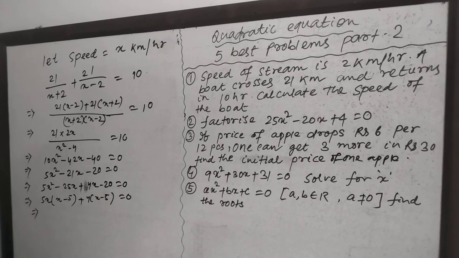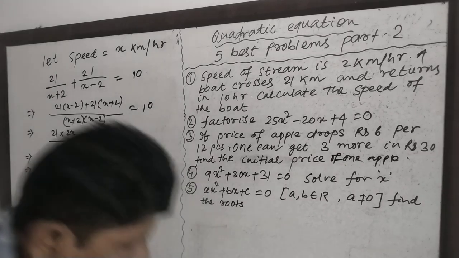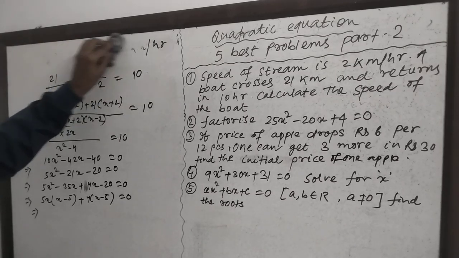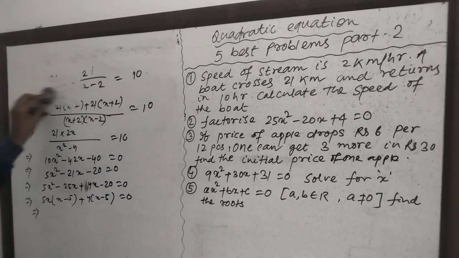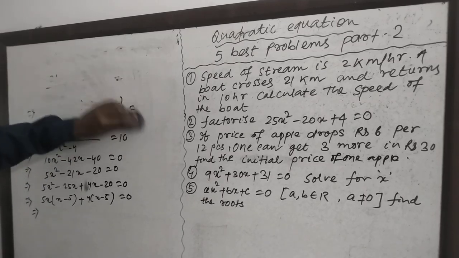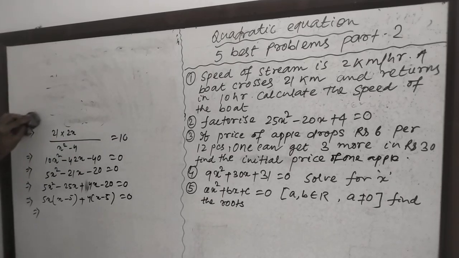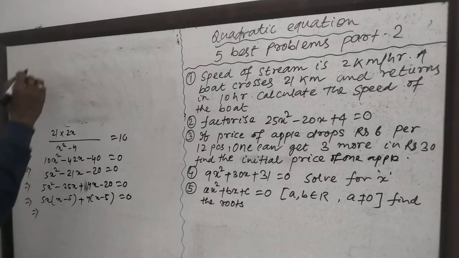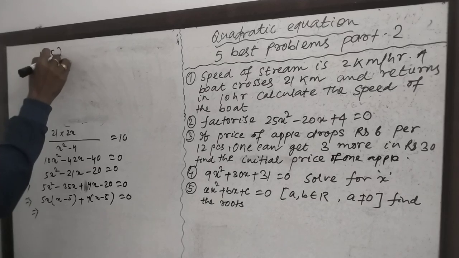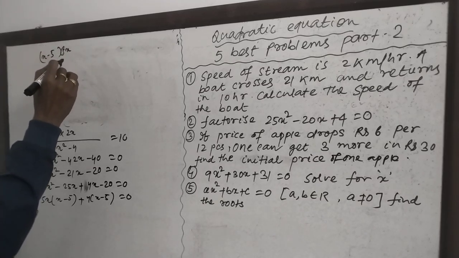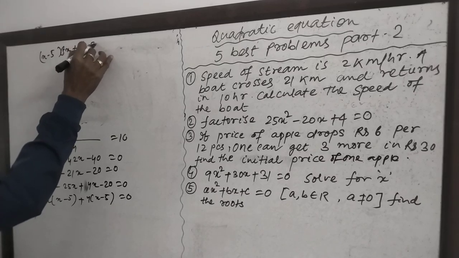That is equal to (x minus 5)(5x plus 4) equal to 0.